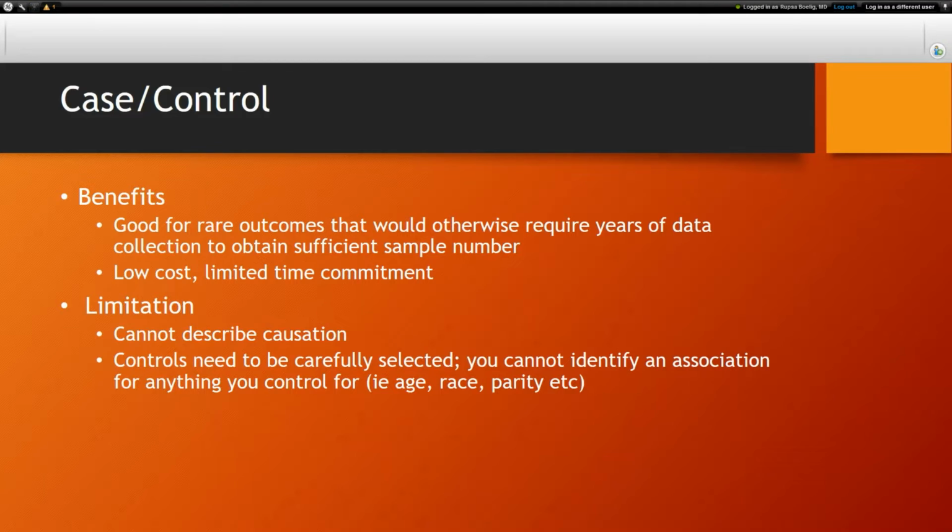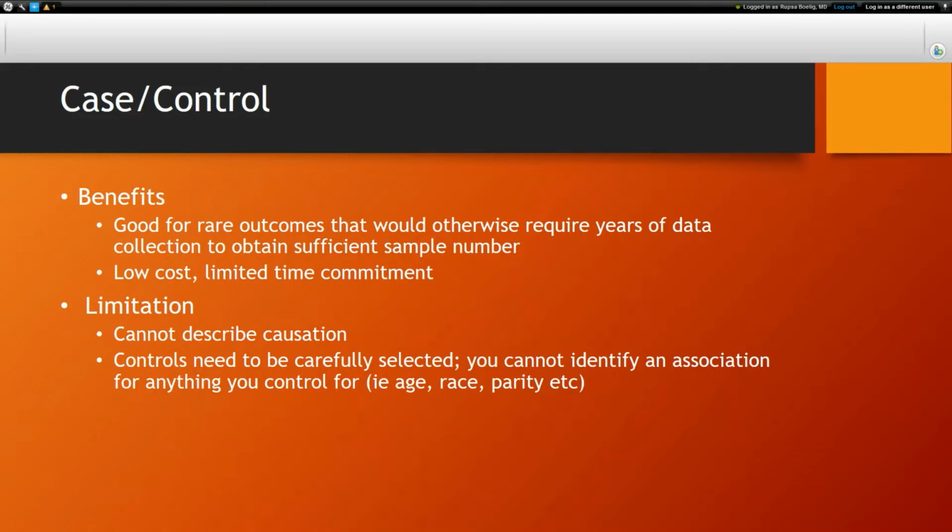But the trickiest part of a case control design is really how you select the controls. And when we're thinking about sample size with case control, sometimes it's 1-to-1, often you do at least a 2-to-1 control to case ratio. Sometimes you'll do 3 or 4-to-1. And again, it depends. The more matching that you're doing, the greater number of controls to cases that you generally will need.